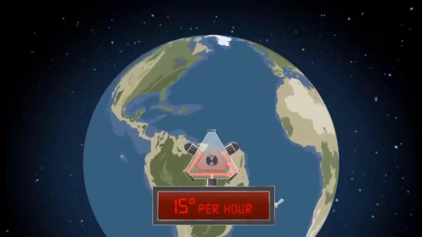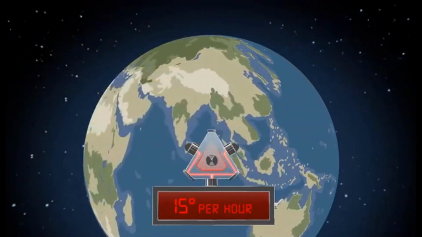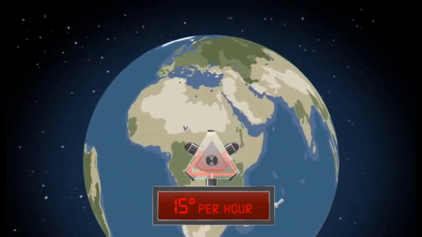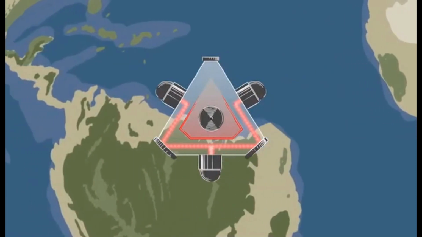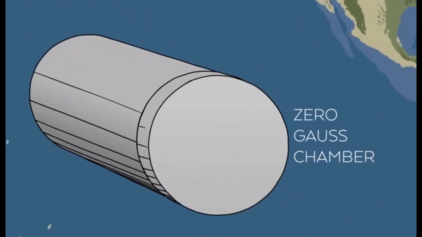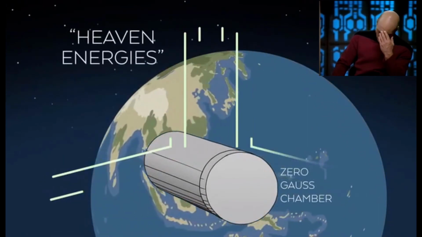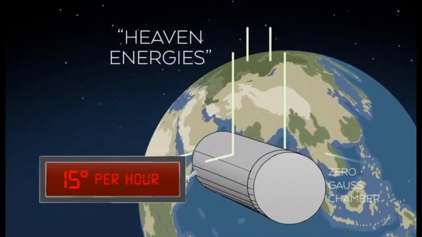We obviously were not willing to accept that, and so we started looking for ways to disprove that it was actually registering the motion of the Earth and that it in fact was registering the motion of the sky. So the next thing that we set out to do was to encase the fiber optic gyro in what's called a zero Gauss chamber to see if we could actually shield the energies being generated by the heaven. And we were unsuccessful with that, unfortunately.